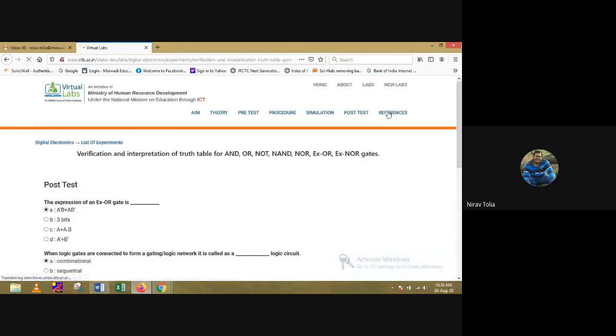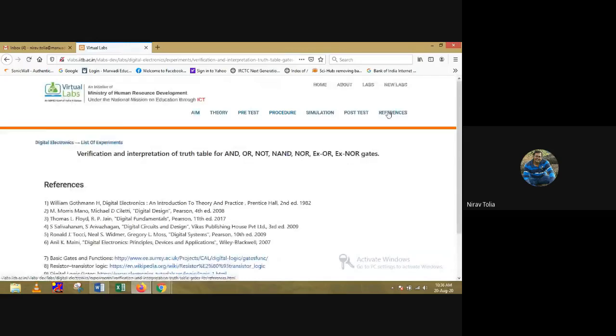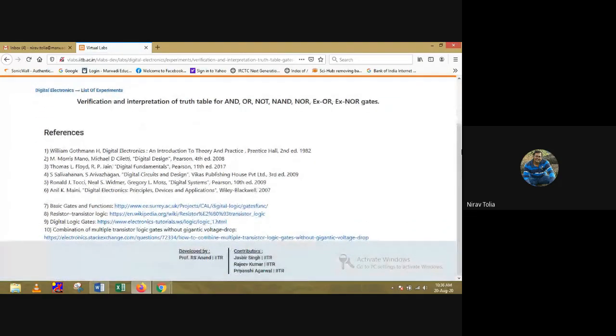And then we have to use some references. In references, you have the books which you can use, and you have some sites or links which you can use for the logic gates or truth tables for the logic gates.